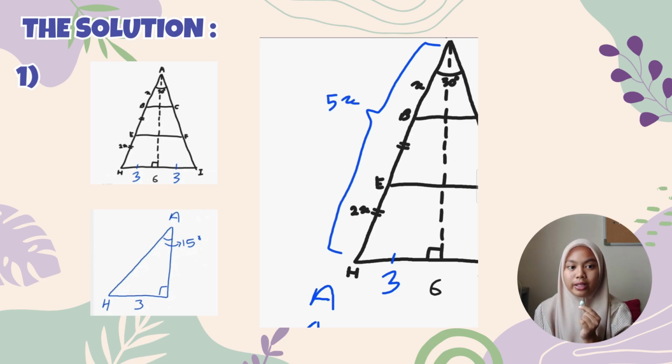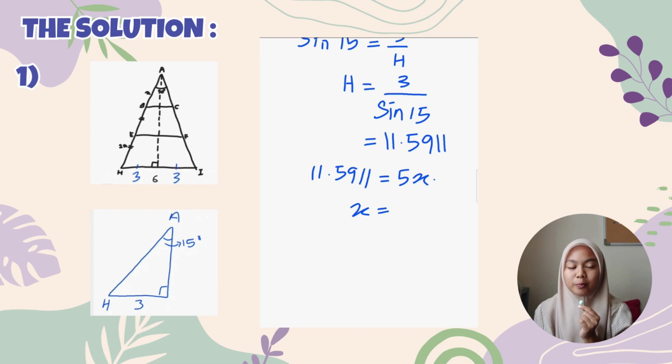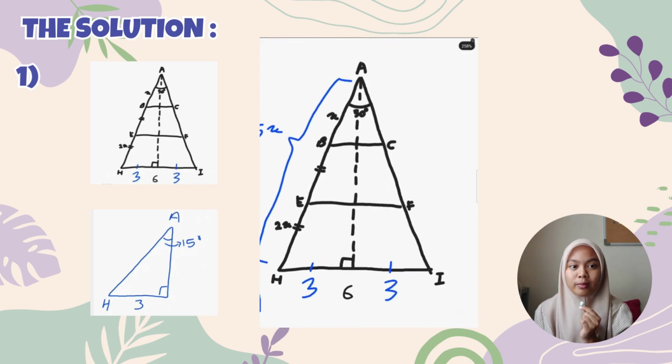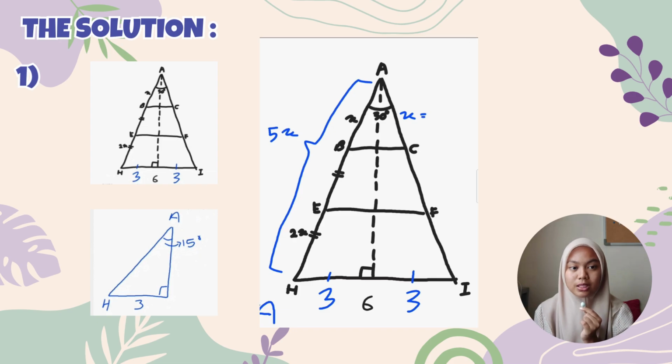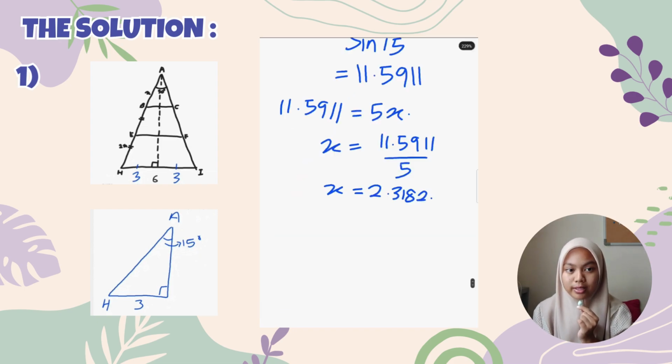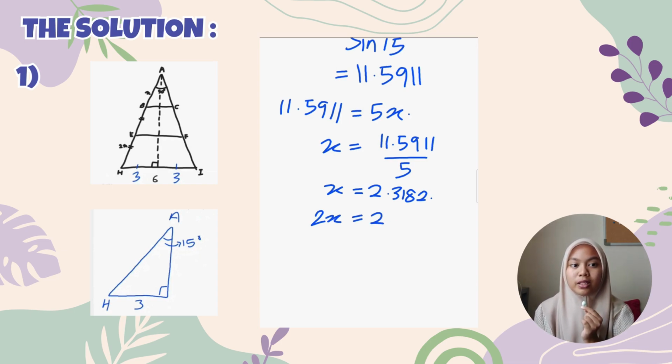So x is equal to 11.5911 over 5, 2.3182. So 2x is equal to 2 multiplied with 2.3182, and 2x equal to 4.6364.